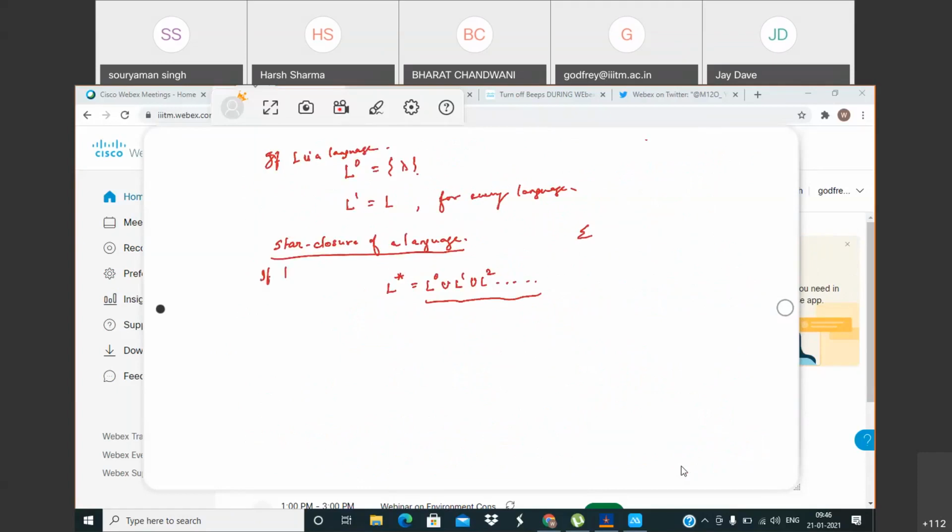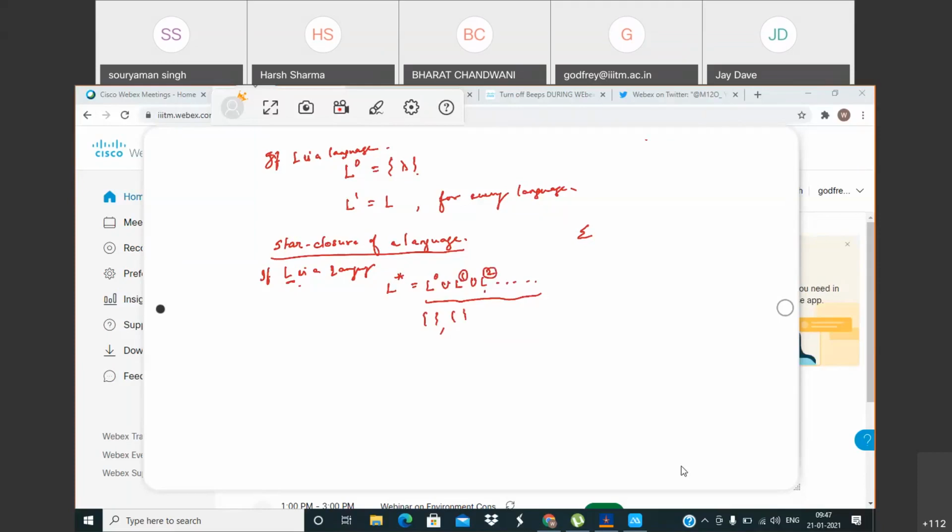If L is a language, then L power star is going to have strings of length 0, then all the strings from the language, then strings of this language concatenated twice, and so on. This denotes the number of times you concatenate the strings of the language.